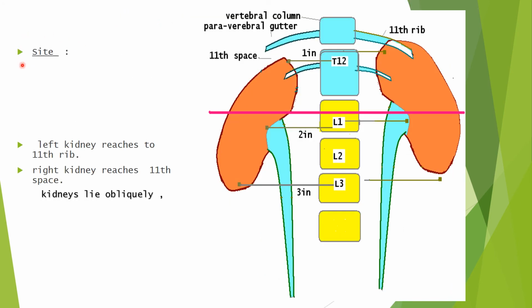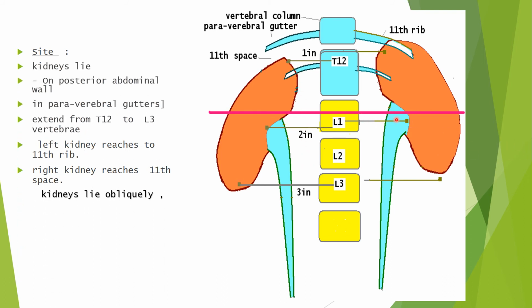Site of the kidney. We see the kidney lies on the posterior abdominal wall on the paravertebral gutters, extends from the last thoracic vertebra to the third lumbar vertebra.